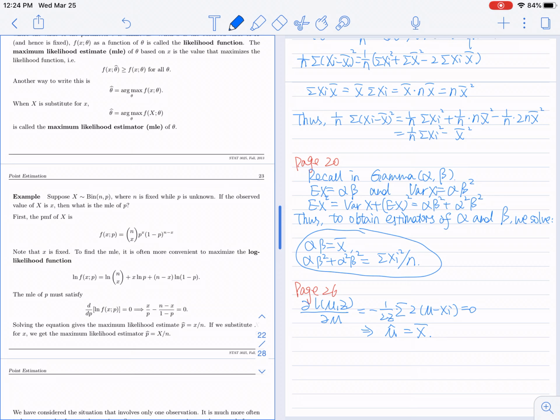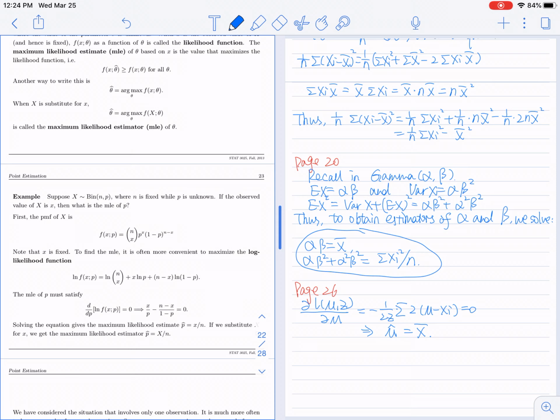It is a convention to take a log because log is a monotone increasing function, right? So we take a log of this density, then maximizing f will be equivalent to maximizing log f. And we write down the log f in page 23 as well.